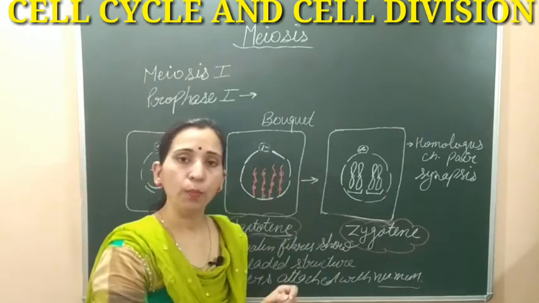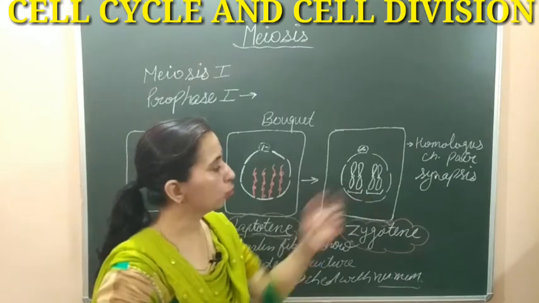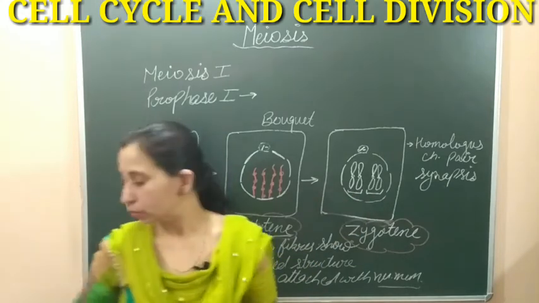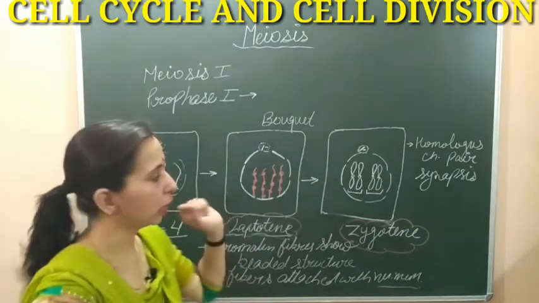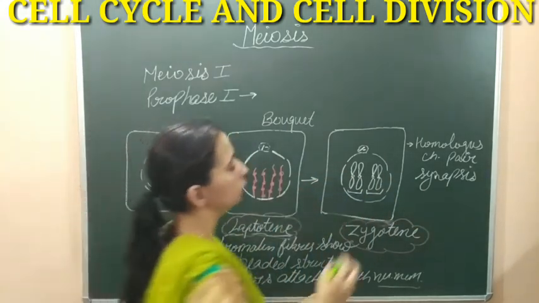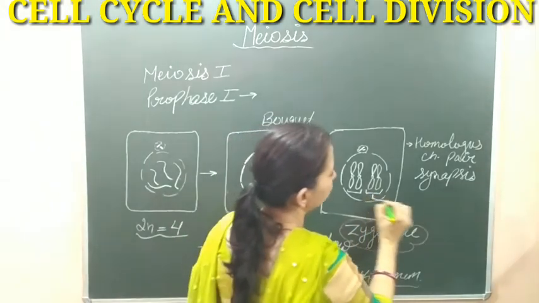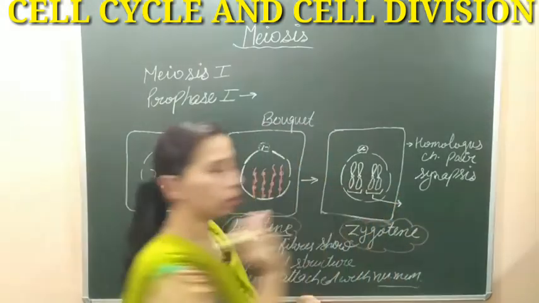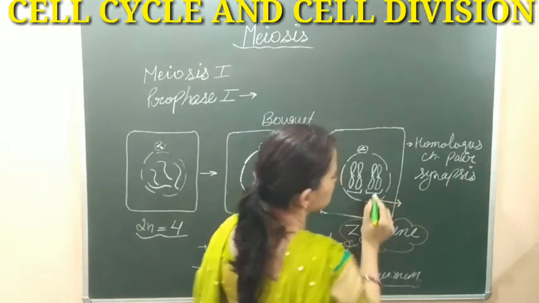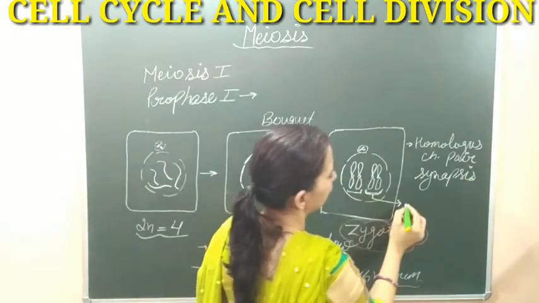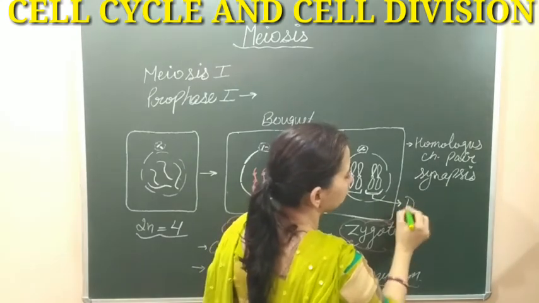Chromosomes may become more condensed, and here homologous chromosomes start pairing, and this pairing is known as synapsis. ये जो दो chromosomes का हमें एक pair नजर आ रहा है, जैसे हमने synapsis बोल दिया, this pair of chromosomes is known as a dyad.